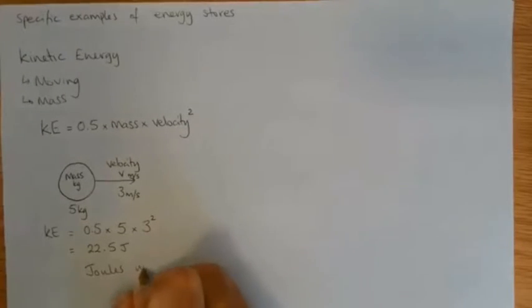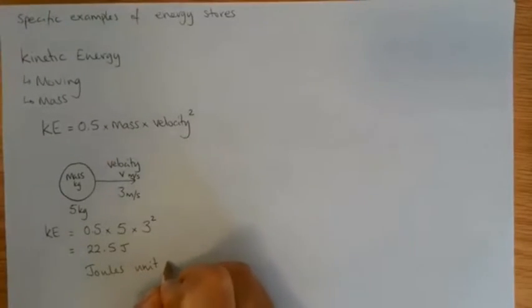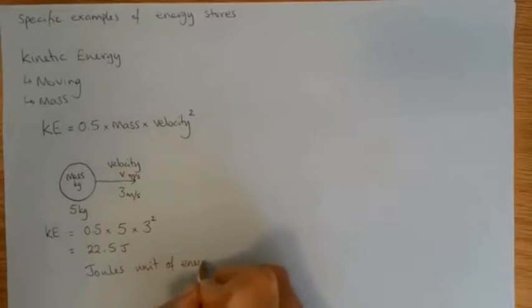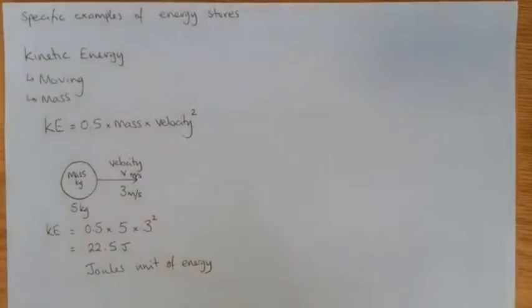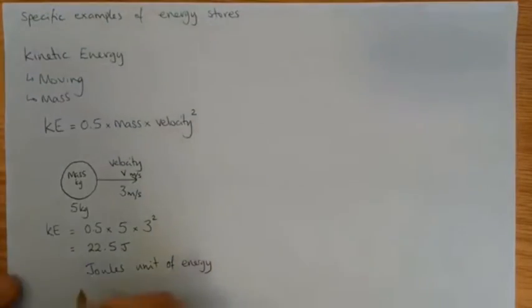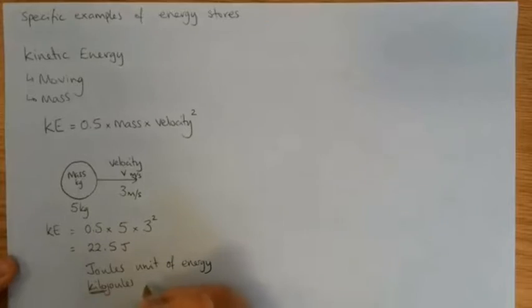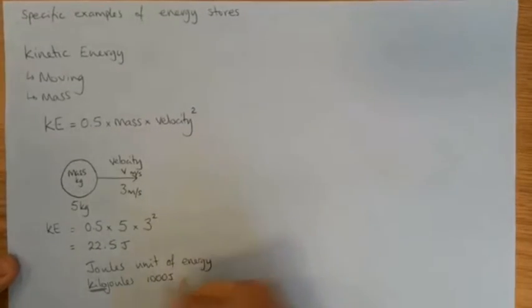And J stands for joules, which is the unit of energy. You might also hear the word kilojoules in a bigger system, where kilo is 1,000, so that's just 1,000 joules, or even megajoules, where mega is 1,000,000.